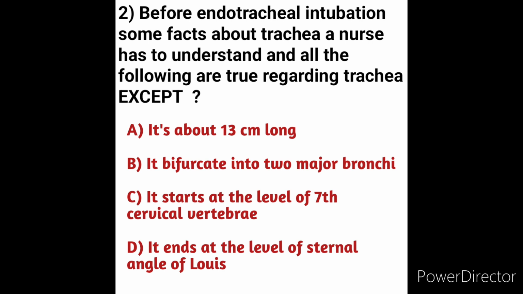Option A, it is about 13 centimeters long, is the exception related to the trachea. The true points regarding the trachea before endotracheal intubation are option B, option C and option D. A is the exception here.